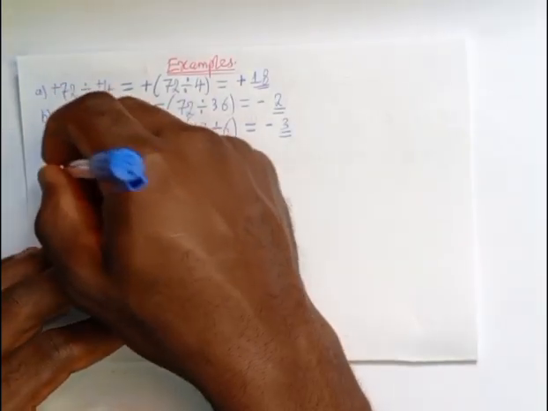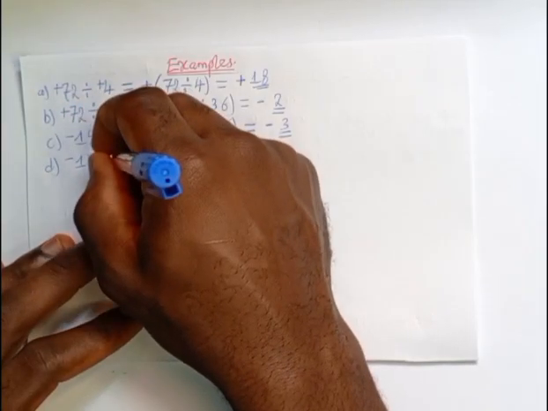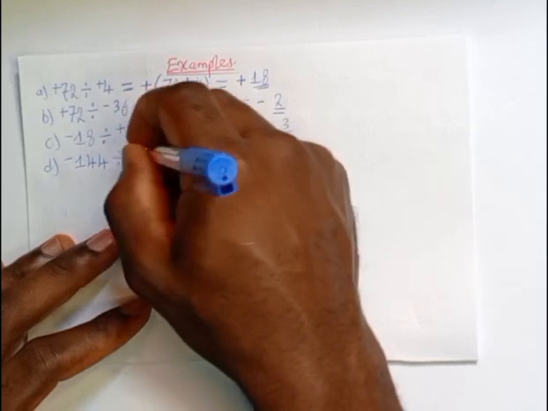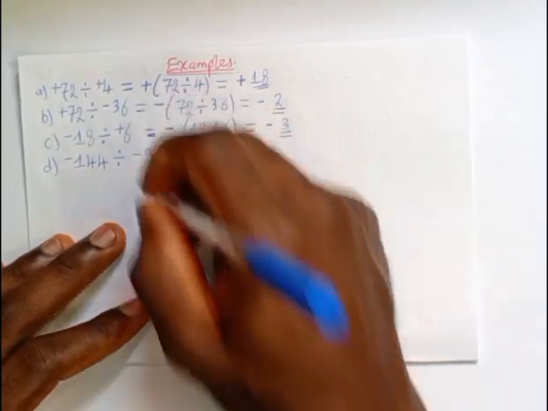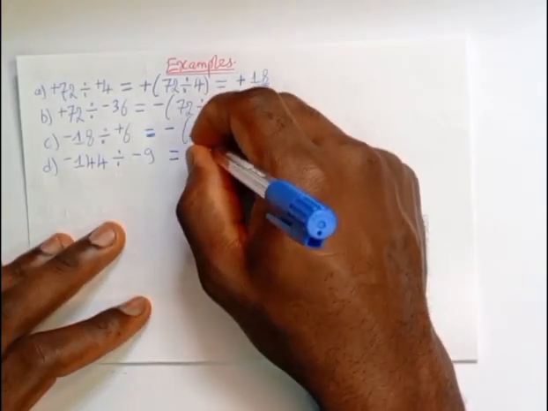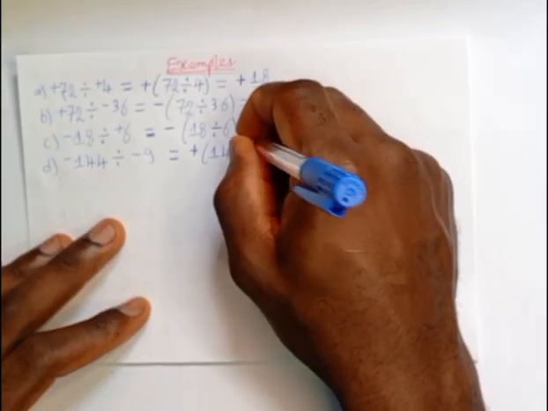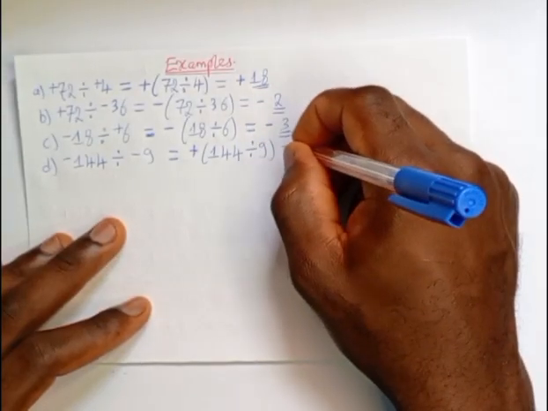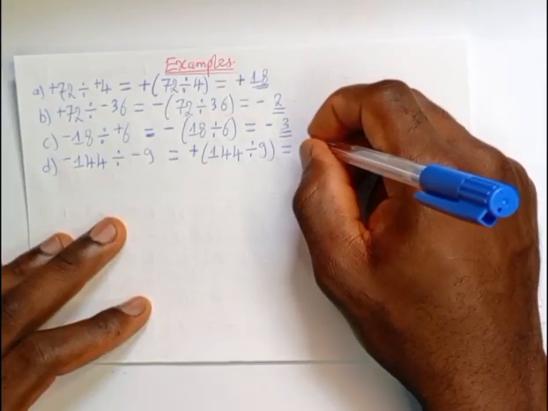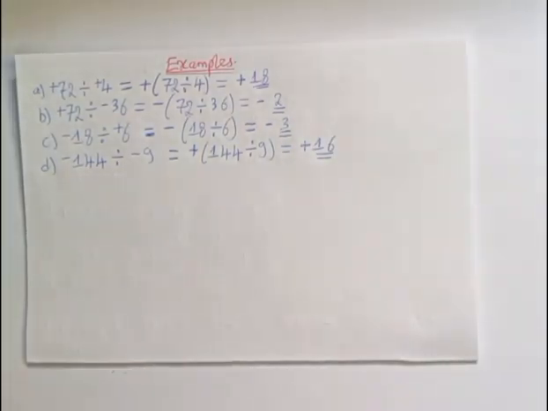We go to D. For D, we have to divide negative 144 by negative 9. This will simply be equal to, we are dividing two negative numbers. The resulting sign will be positive. Divide the absolute values, 144 divided by 9. And this will be equal to positive 16. So this is how we divide two directed numbers.